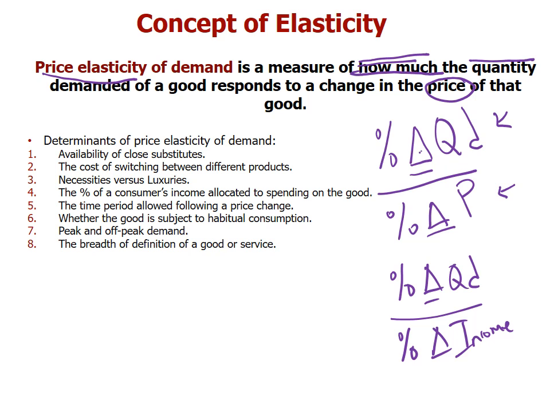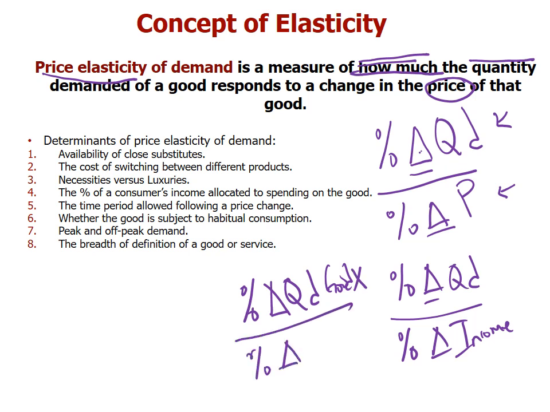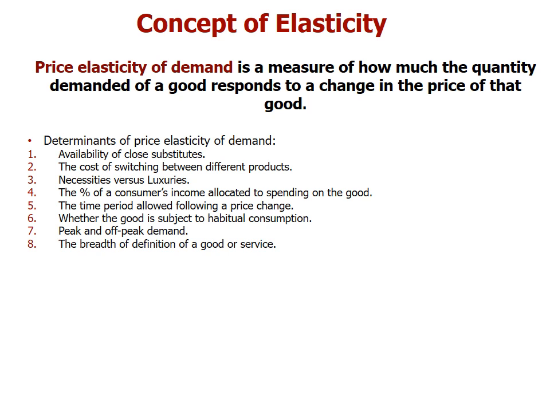We can also have a cross elasticity of demand: percentage change in quantity demanded of good X divided by percentage change in price of good Y. So what is changing? Quantity demanded of good X is changing because of a change in the price of good Y. You should get familiar with this and it will definitely help.